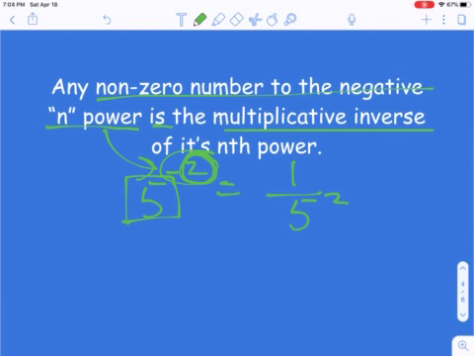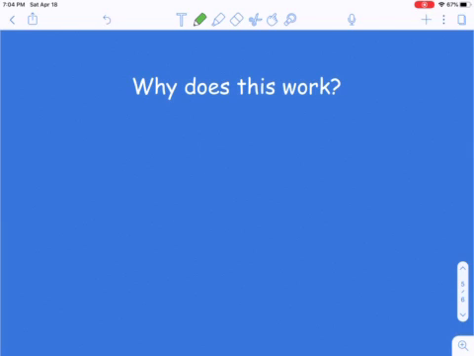So what I'd like to do, kind of similar to what I did with the zero exponents, is show you why this is the case. Supposing we're going to take that 5 squared. One way I can get 5 to the negative 2 power is, what happens if I have 5 to the third times 5 to the negative 5 power?